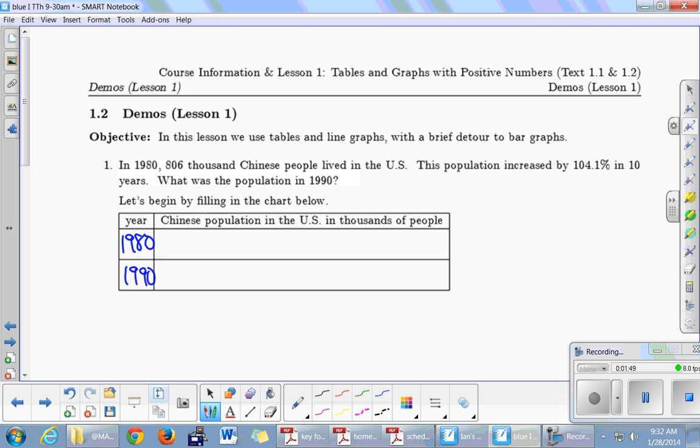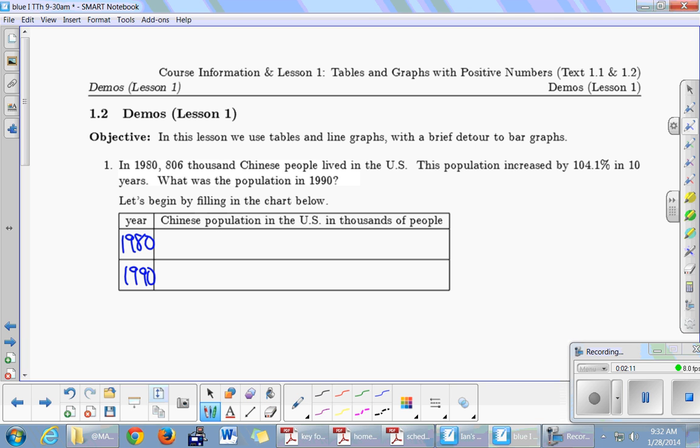806. Several people are saying 806. What do you say in the back? 806,000. What do we think? We need people to make their case. Both answers are reasonable. Unfortunately, only one is right. All right, go ahead. Because it says what's the population, right? So we put 806.